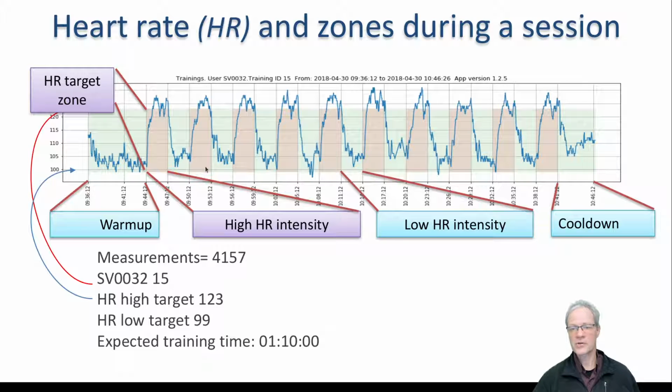Each particular person would have an individual, personalized heart rate target zone, right? And the whole training session would be divided into the warm-up phase, and then the training would start by having the high interval, low interval, high interval, low interval, and so on, right? All the way down to about 40 minutes, and then you could have a cool down as well, right?